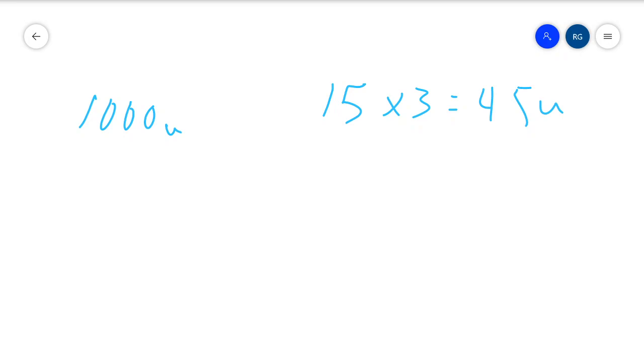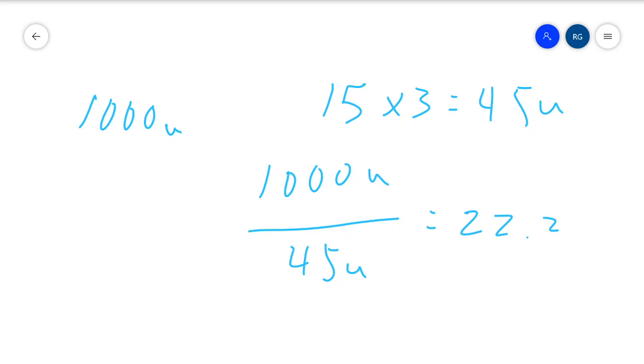We need to calculate for the whole day. 1,000 units divided by 45 units equals 22.2. We round down, so number 2 is 22 days.